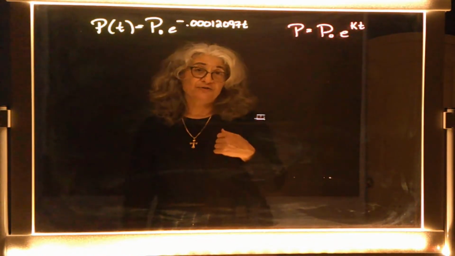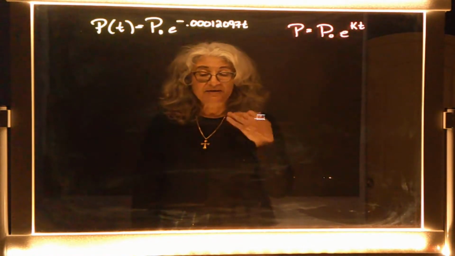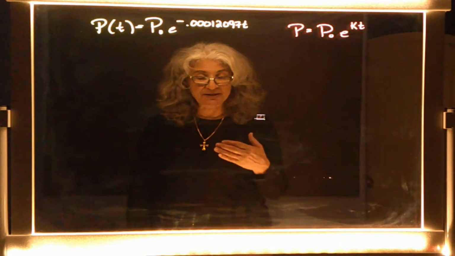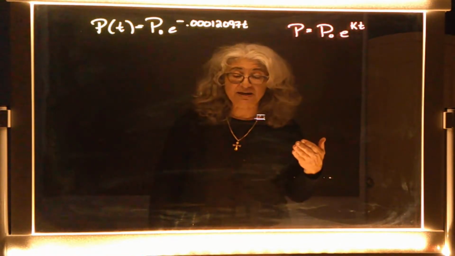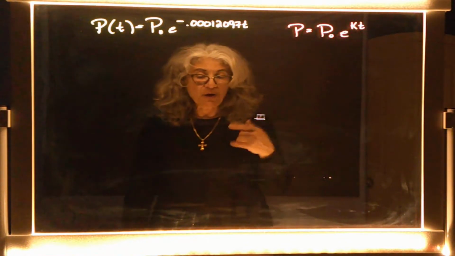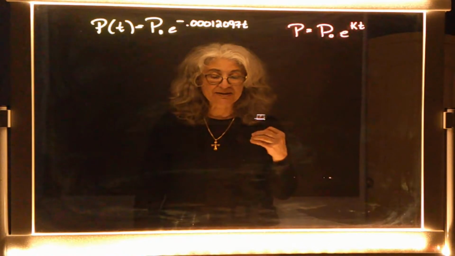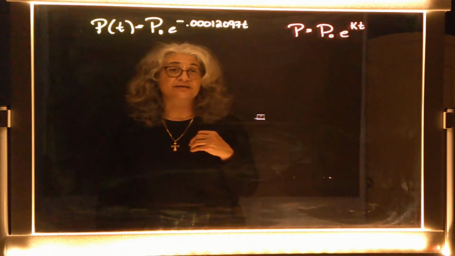So let's look at the first problem that we actually have been given. It reads, the amount of carbon-14 present in animal bones t years after the animal's death is given by this function. They want to know how old the ivory tusk is that has lost 28% of its carbon-14 content.